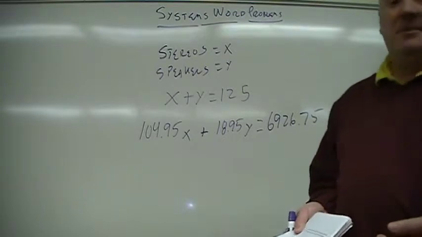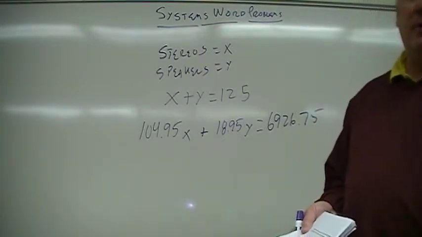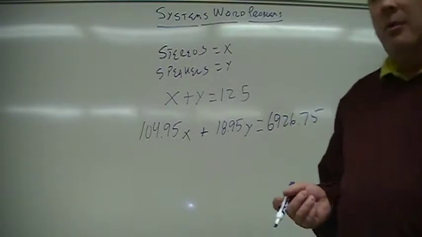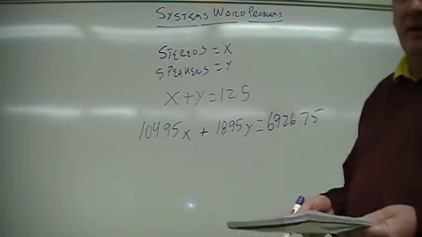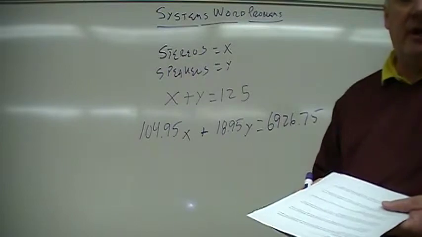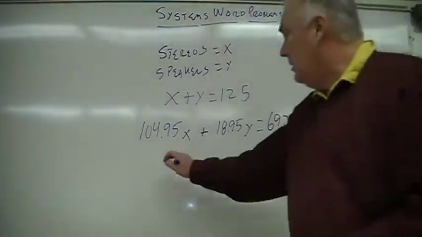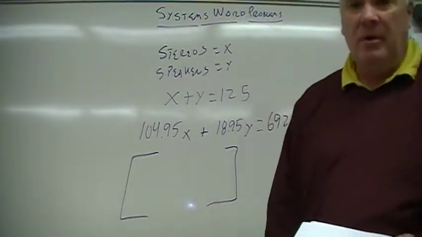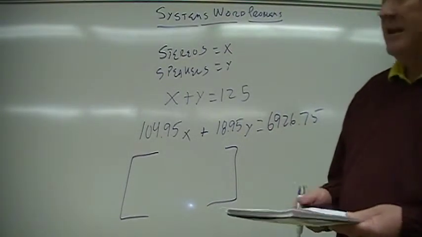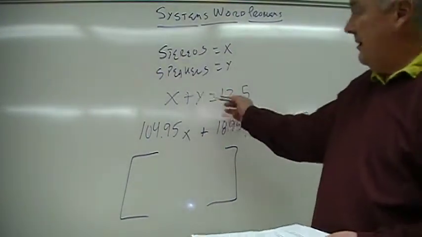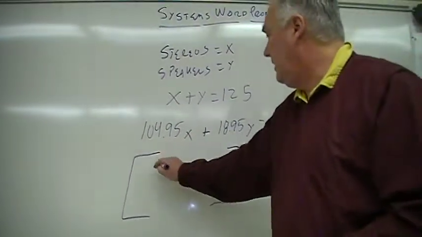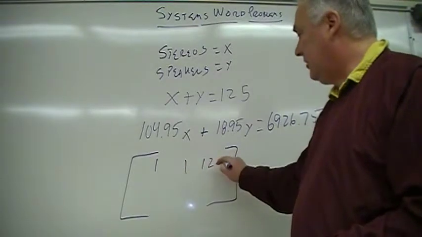If we were doing these by hand in class with paper, they wouldn't be real fun to solve. But we have the graphing calculator, and you know how to use RREF with a matrix. Based on what we learned this week, here are our two equations, and we use the coefficients in our matrix.